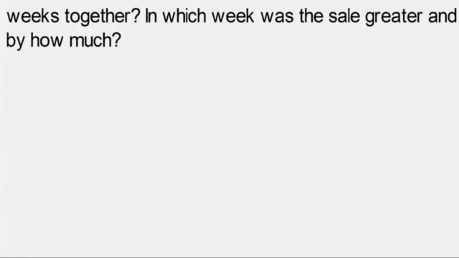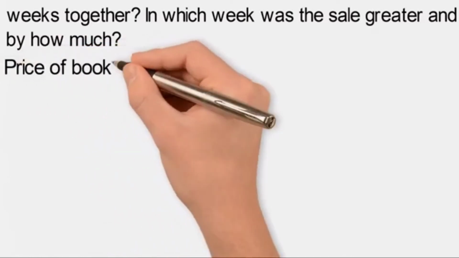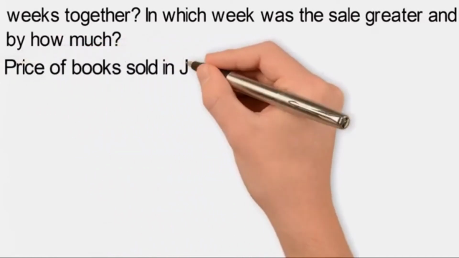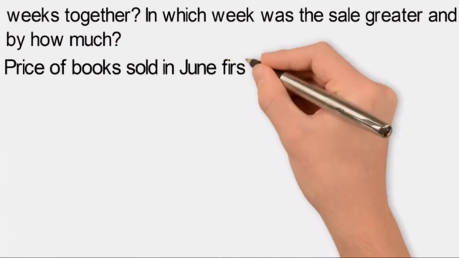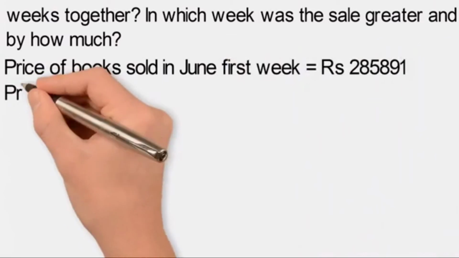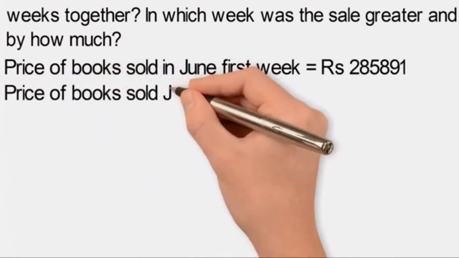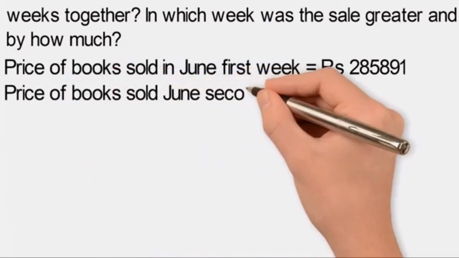And in which week was the sale greater? It is very clear, first week or second week. Let us see. Price of books sold in the month of June, in the first week it was 2,85,891.